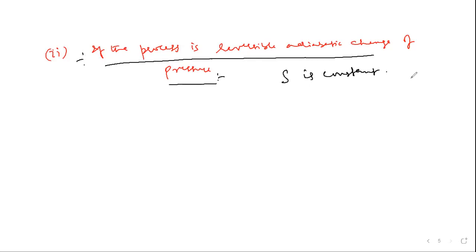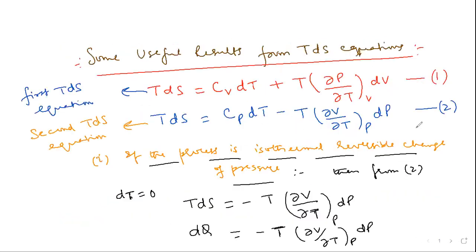So from equation second, that is my second TdS equation, this one, what I have to do is put TdS as 0, because entropy is constant, dS is 0.